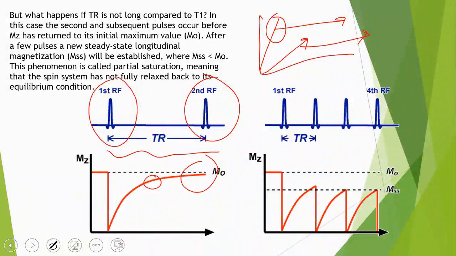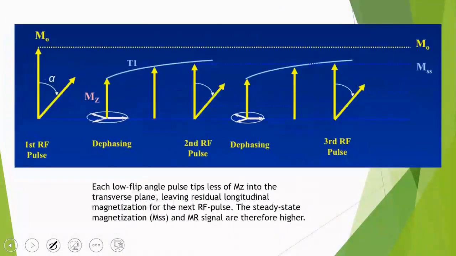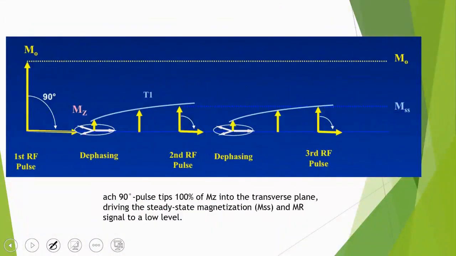Therefore, this signal would be higher than the signal I would get from the steady state. However, the steady state tells you that there is something you are not paying attention to. It says that something happens here when you come with a 90-degree RF pulse, and this leads to a division.